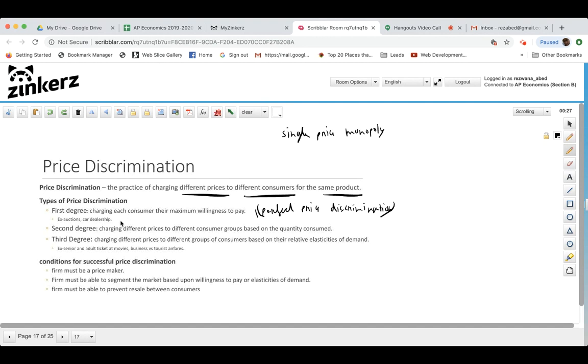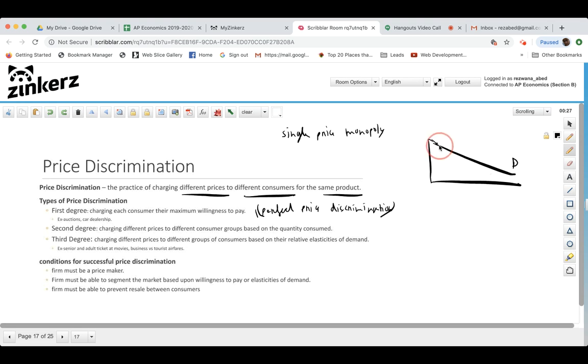Okay, so the first degree is when they are going to charge each consumer their maximum willingness to pay. Remember when we talked about the demand curve, right? Your demand curve is essentially showing your maximum willingness to pay for different quantities, right?